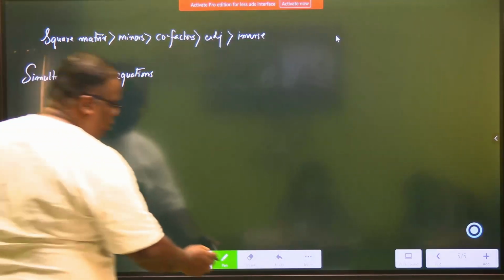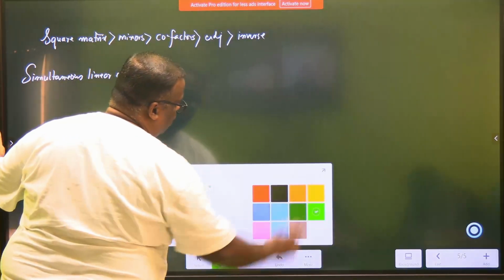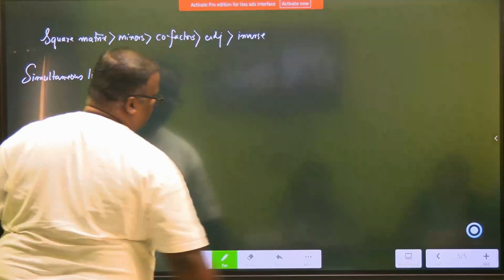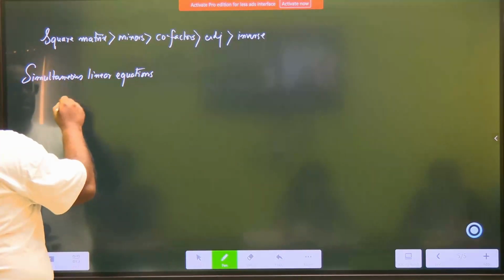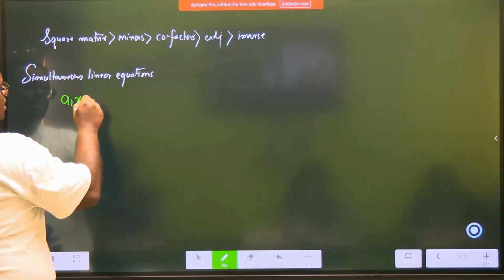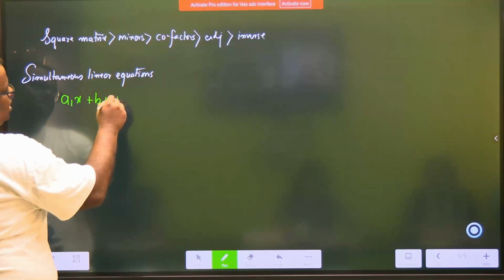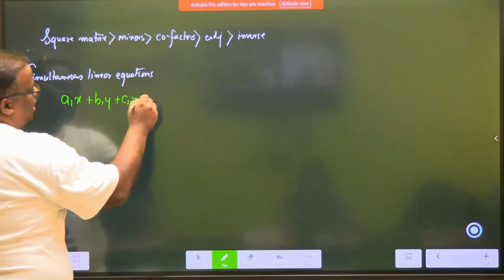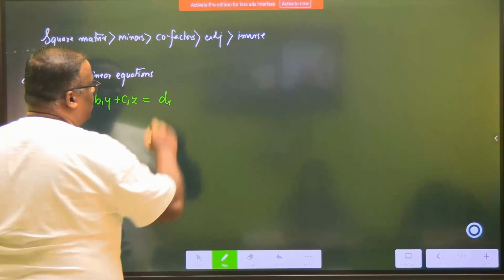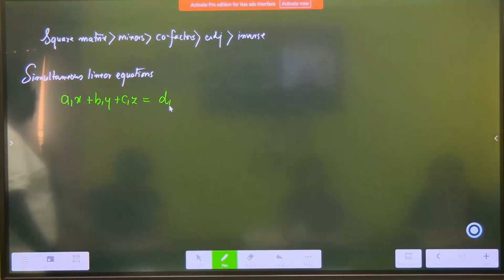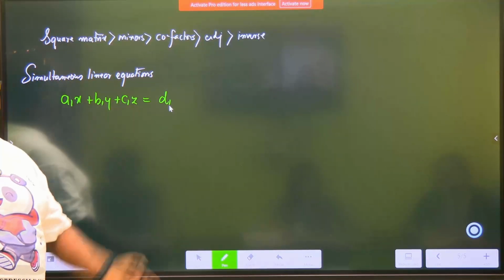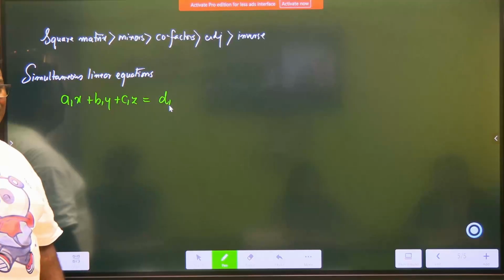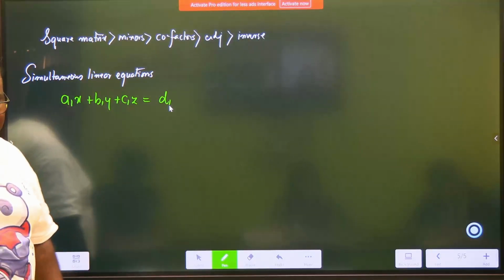So in this, what you need to remember, children, is the order in which you write the equation. The equations are a1x plus b1y plus c1z is equal to d1. Do not write it as equal to 0 by bringing d on this side. Keep the constant term on the right hand side.